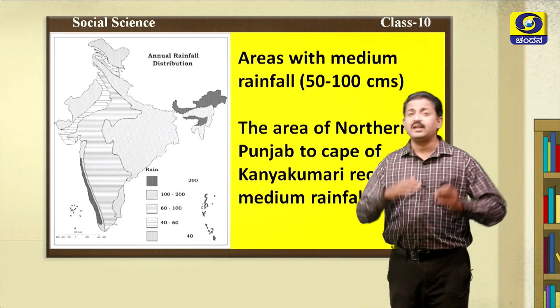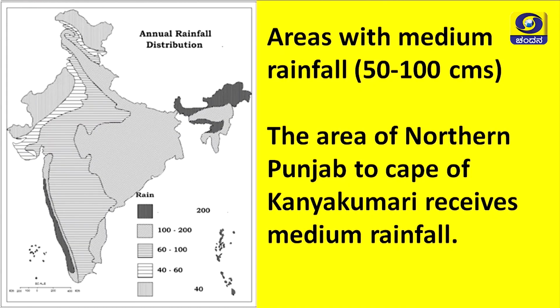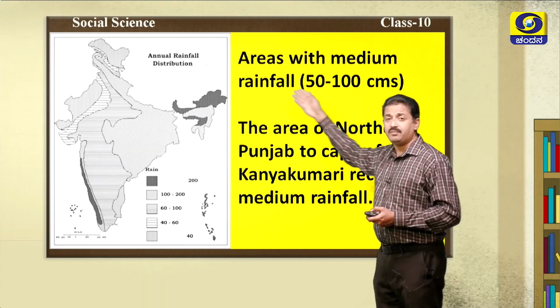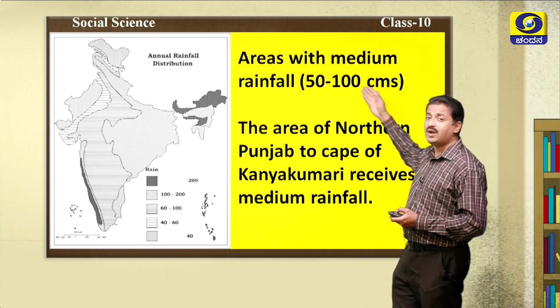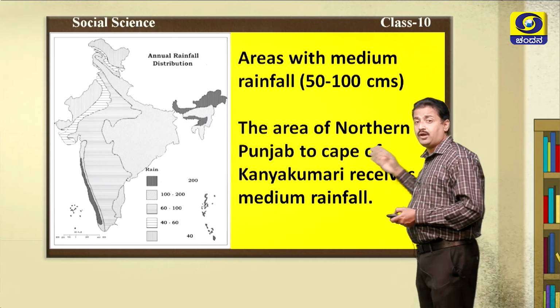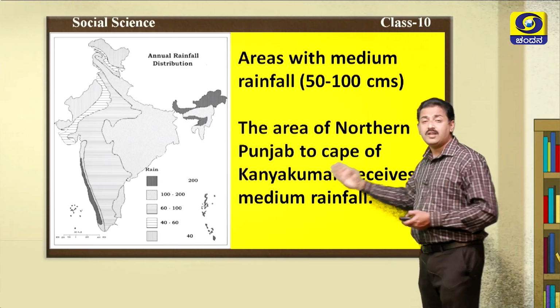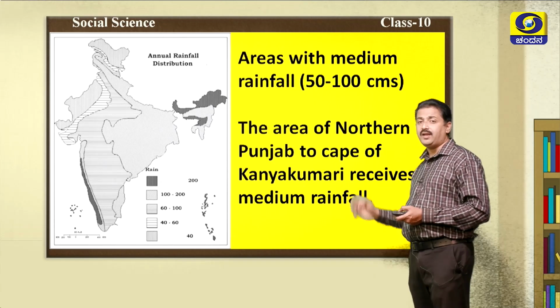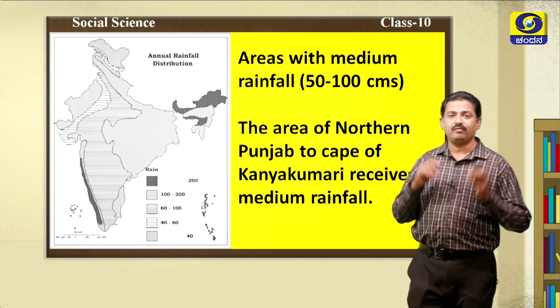Now let us learn areas with medium rainfall. Areas with medium rainfall, that is 50 to 100 centimeters, areas like northern Punjab to Cape Kanyakumari, receive medium rainfall.